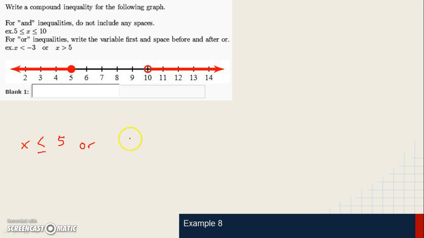Now our second inequality over here, we have x, and our endpoint is 10. And the red line is covering values that are greater than 10, so we know that x is greater than 10. And the circle on 10 is open, so we're just going to leave this as a greater than. Now I'm going to come up here to type in our answer. X is less than or equal to 5, space, or x can be greater than 10.